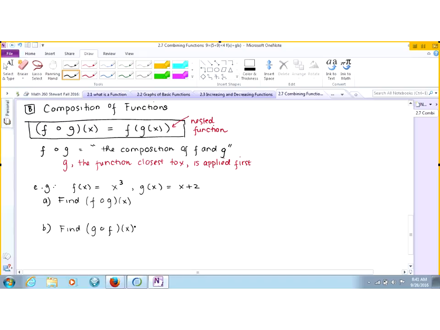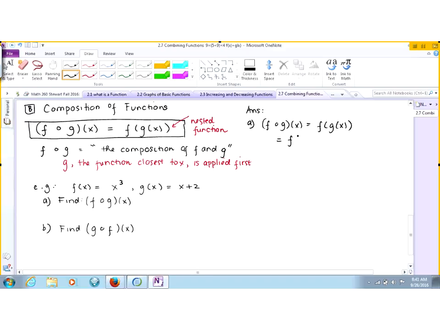So, how do we do it? Answer A. f circle g of x is f of g of x. So, which one do we apply first to x? g.